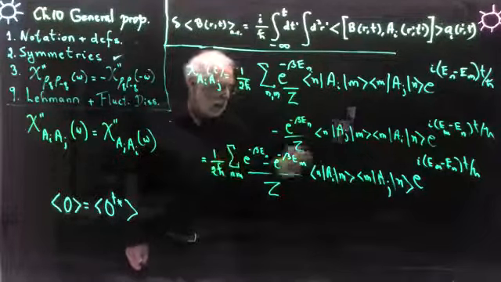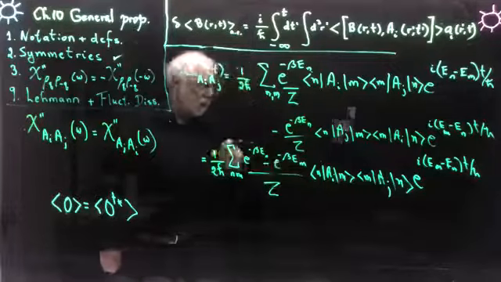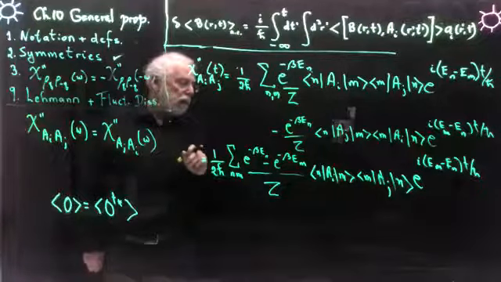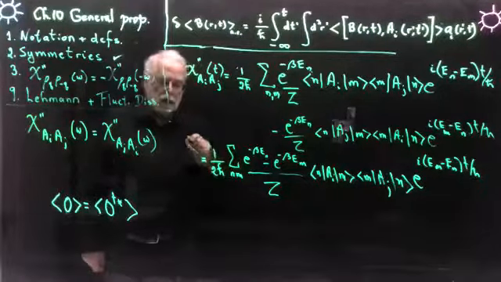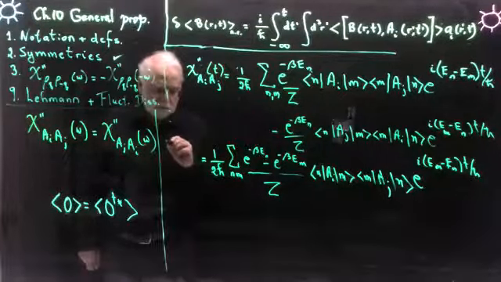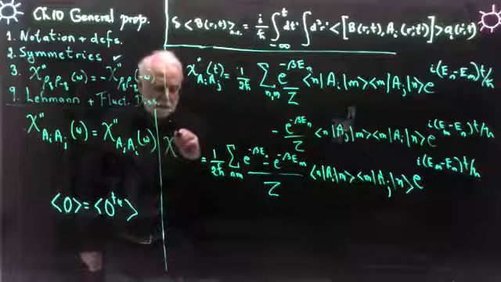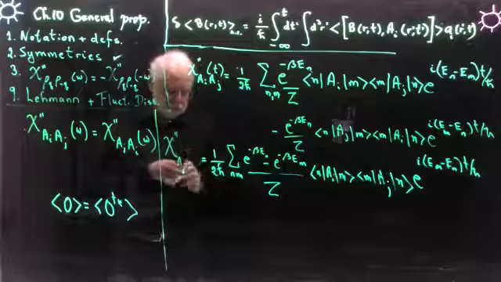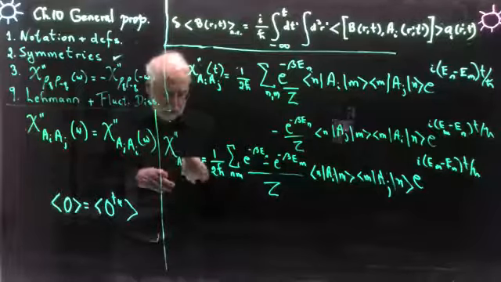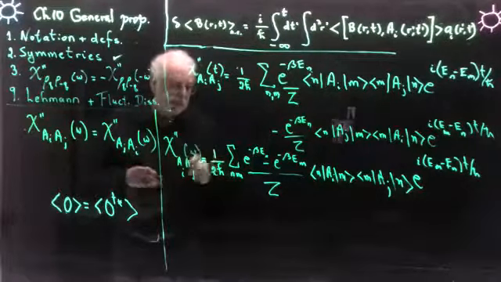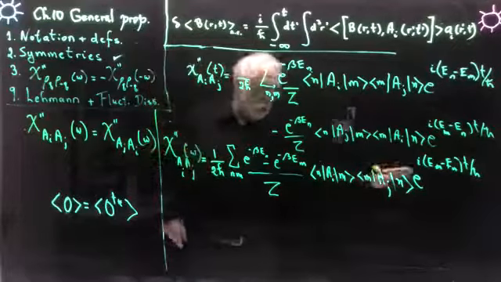So what happens if I take a Fourier transform of this? So suppose I want to know now chi double prime A_i A_j of omega. Now I need to take the Fourier transform of this. So what will happen?